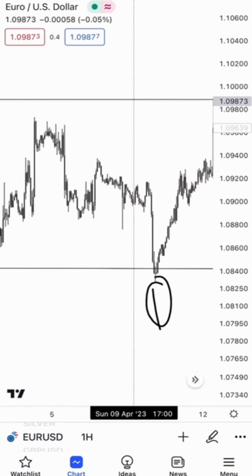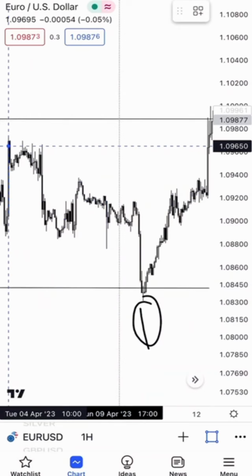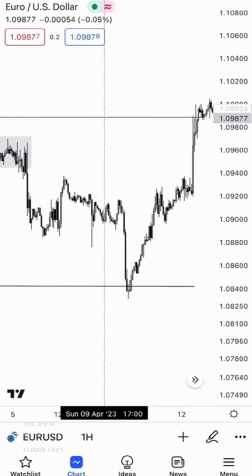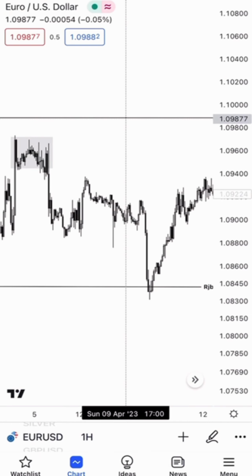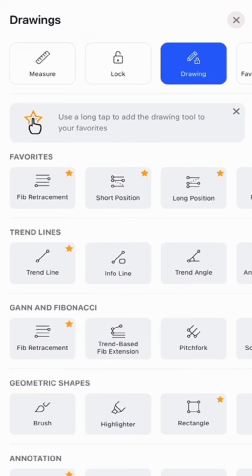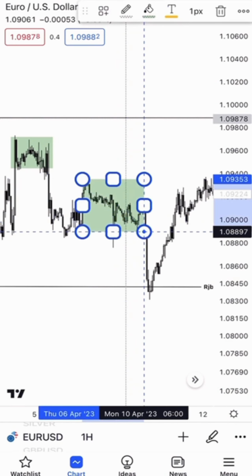So we're declining into a higher time frame PD array in the shape of a market maker buy model, right?